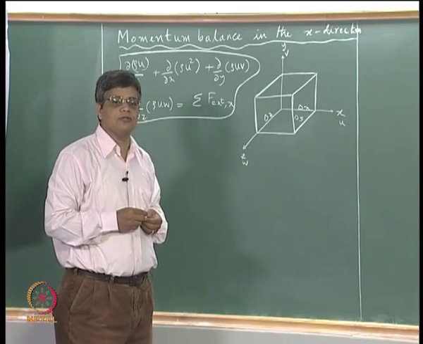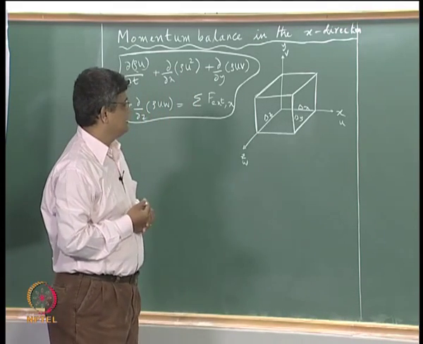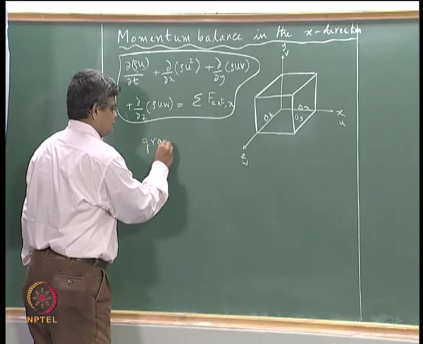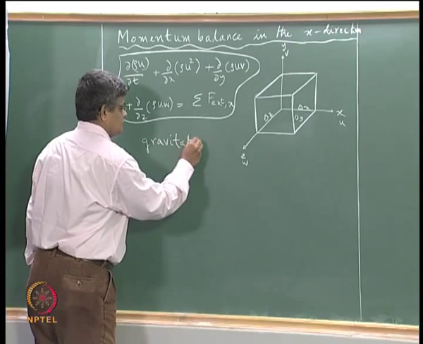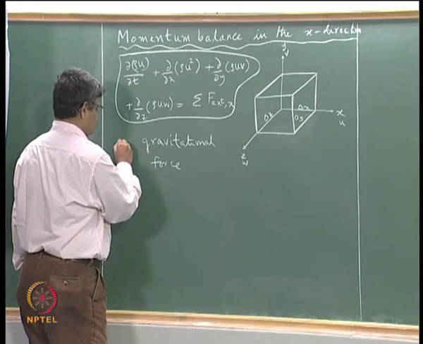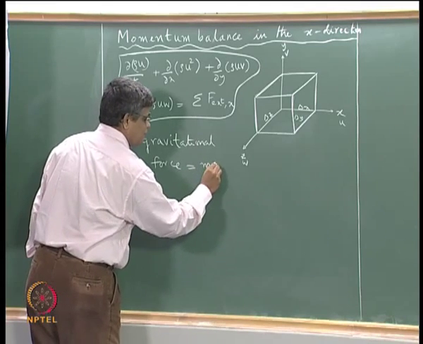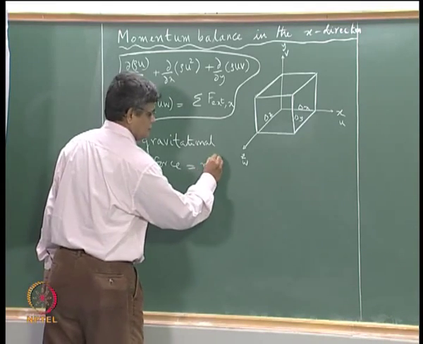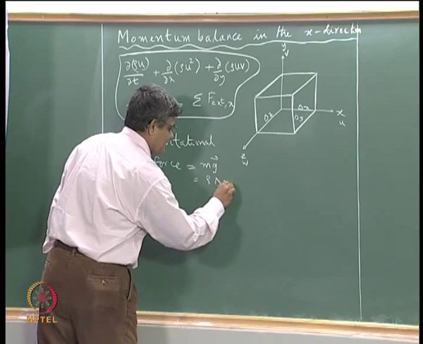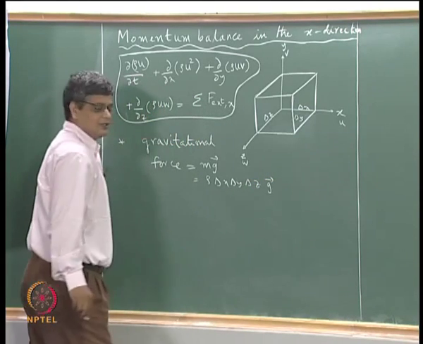We also know another force, which is the gravitational force, which is present everywhere. So we can consider the gravitational force, which is mg, and which we can write as rho times delta x, delta y, delta z times g.